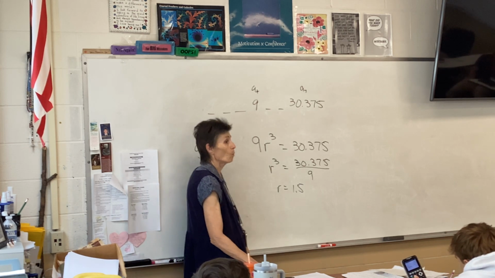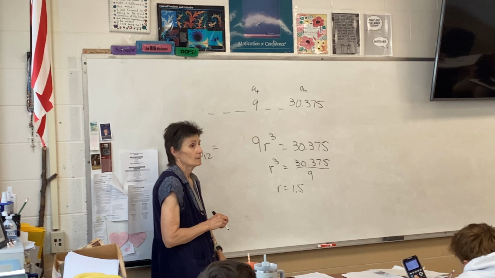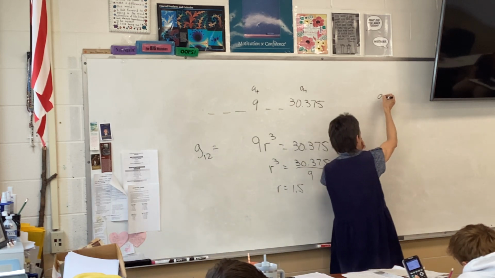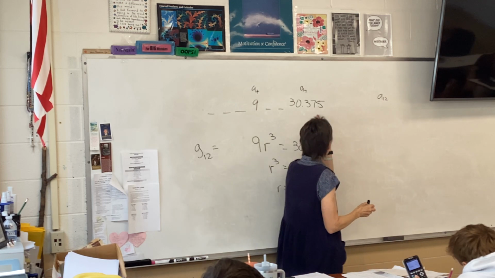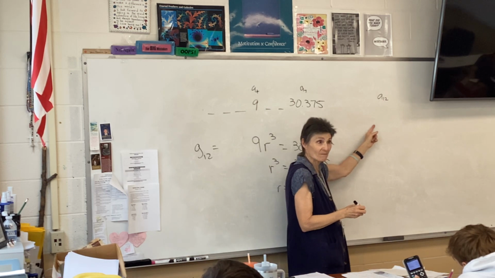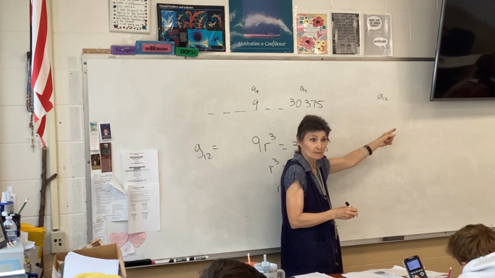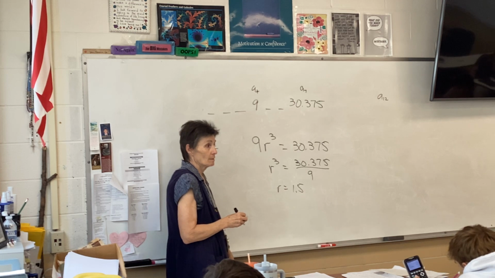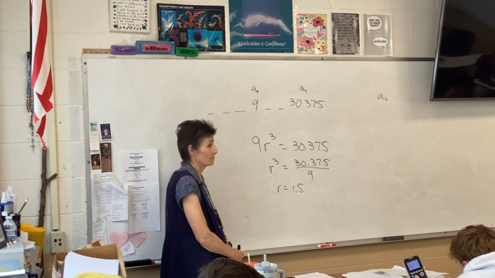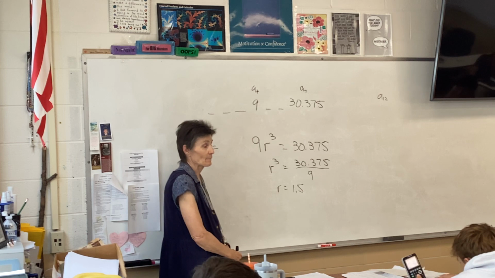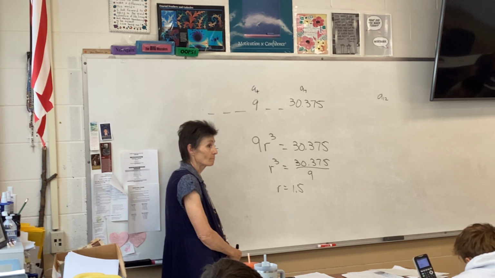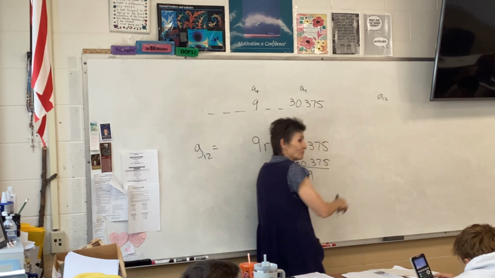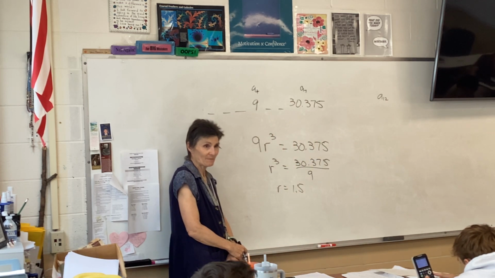Now, I want the 12th term. There are a couple of ways that you can do this, but remember what that means is somewhere out here is the 12th term, and you would have to keep multiplying by 1.5. You just have to figure out how many times you need to multiply. So what do you think? We're going from the 7th term to the 12th term, so we need to multiply 5 times.